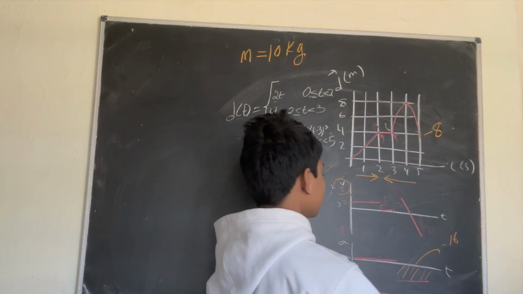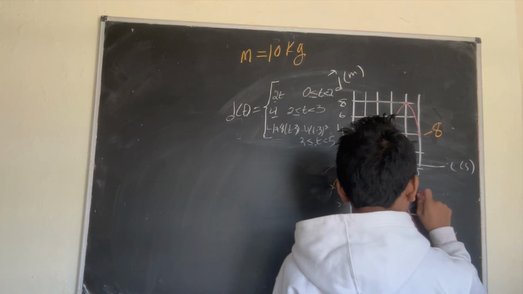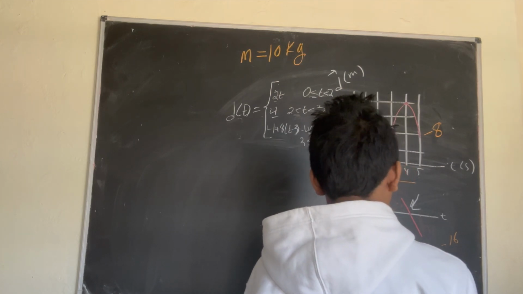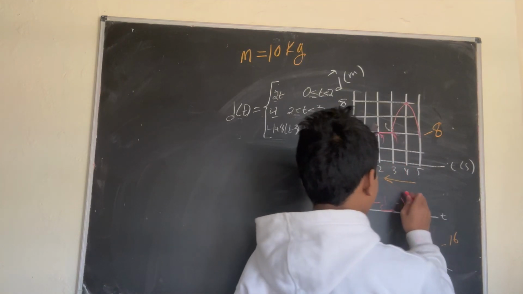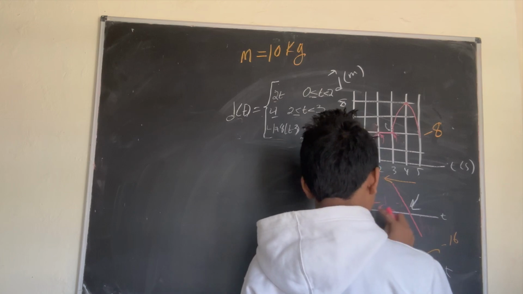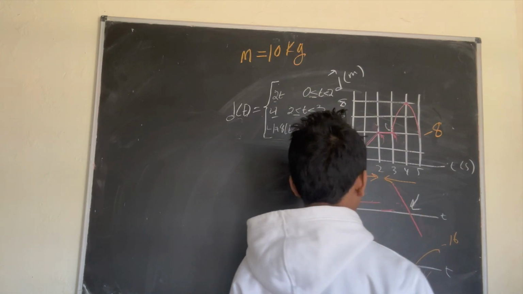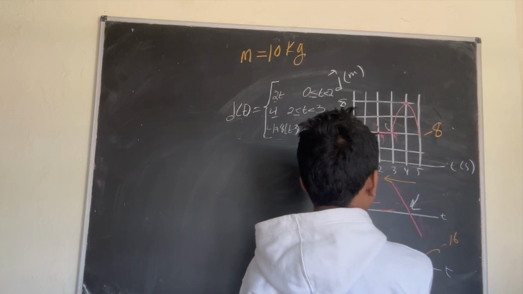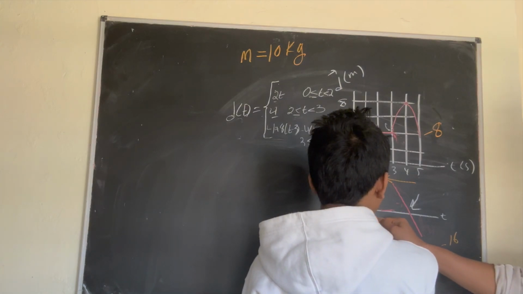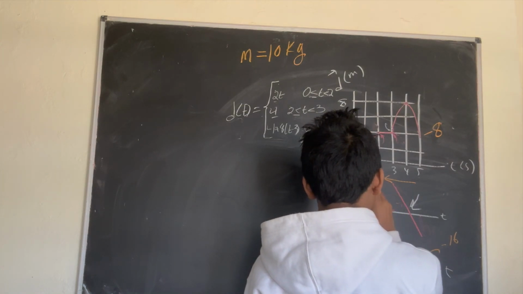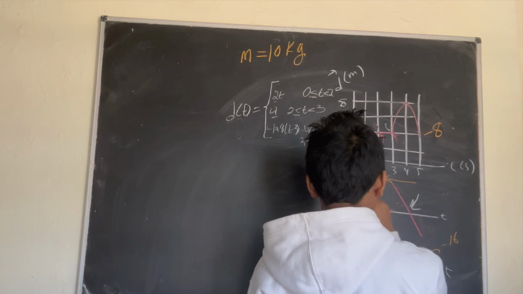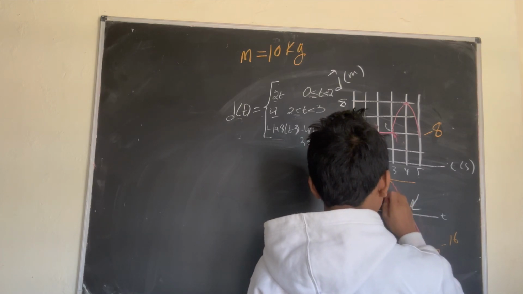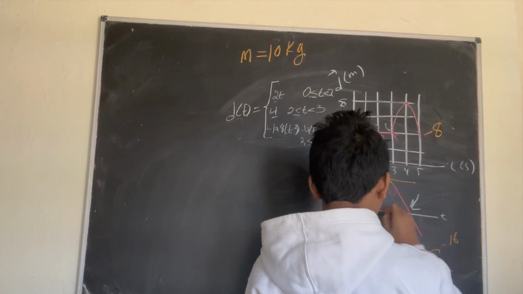Now, to show that something isn't differentiable, all you have to show is that its derivative is not continuous at a specific point. I don't think we have to show this using a formal limit, but obviously, coming from the left, the limit as t approaches 2 from the left of v of t is equal to 2.